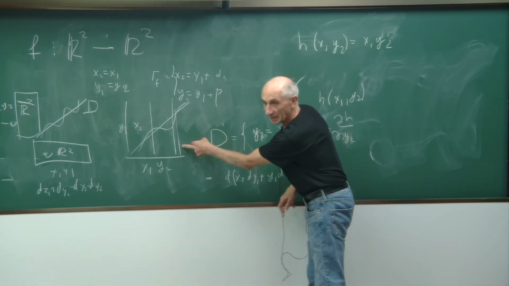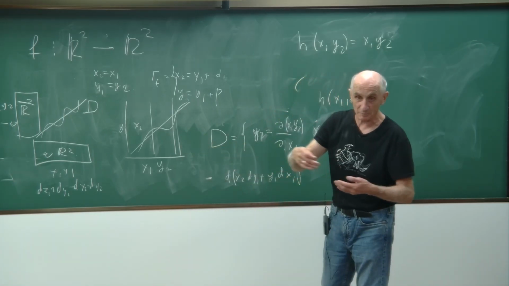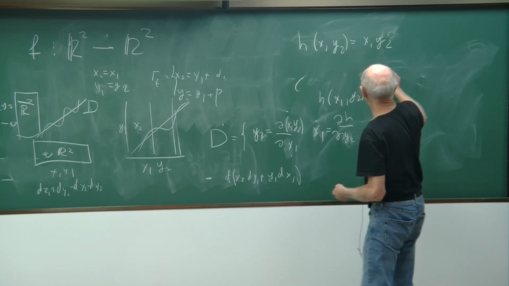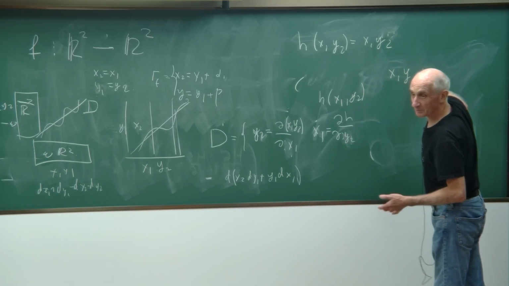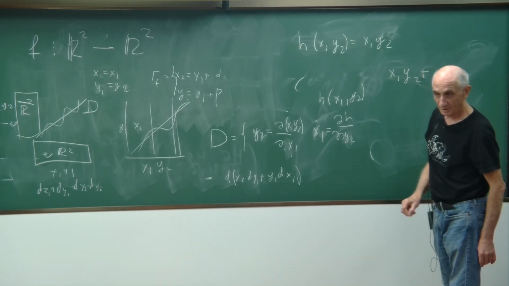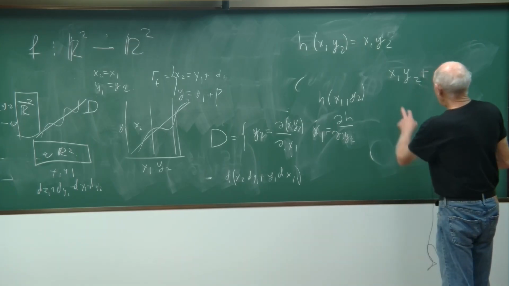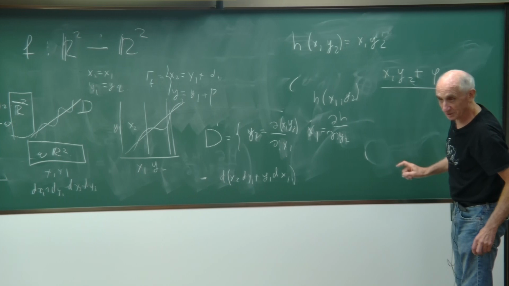This is for the diagonal, and for our transformation you have to add something. So it will be function x1 y2 plus some small function. Let's call it phi. Right?